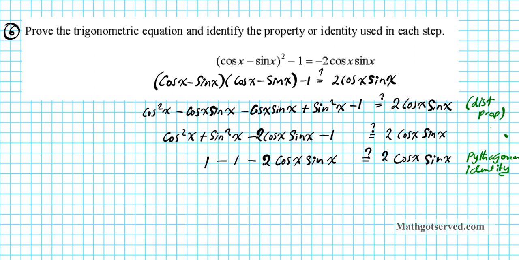So subtraction. We're combining this term and this term. Now if you combine these two terms right here, you notice 1 minus 1 adds up to 0. So you have negative 2 cosine x sine x. Is it equal to negative 2 cosine x sine x, as indicated earlier? And the answer is yes. So that completes the proof.